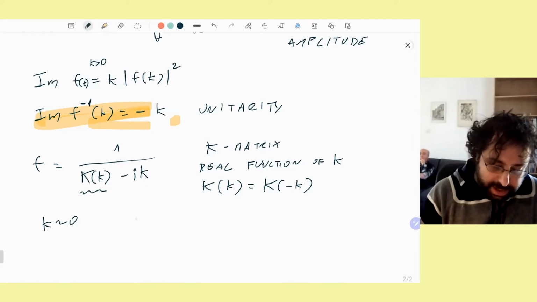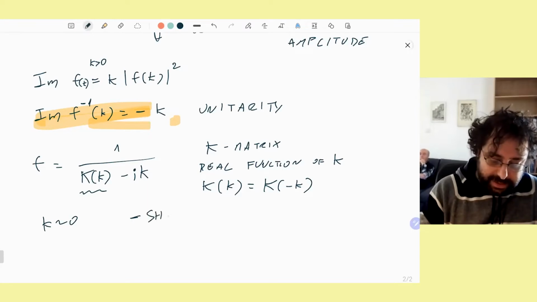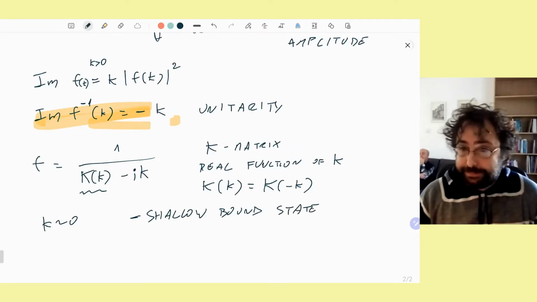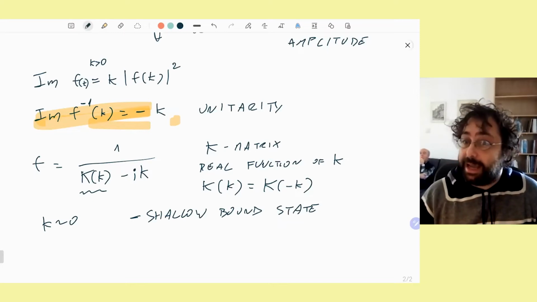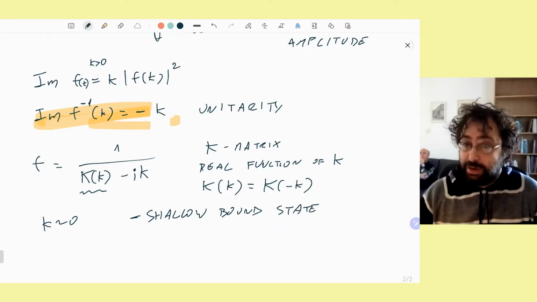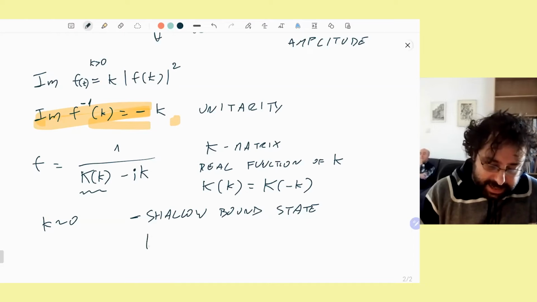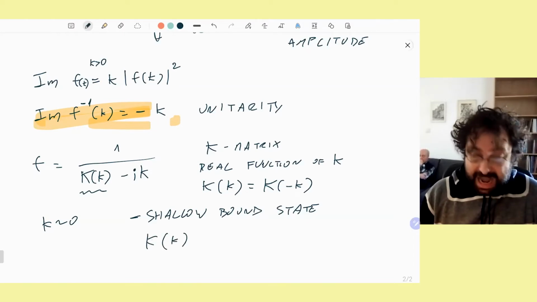In particular, if I assume I have a shallow bound state, that means a bound state with very small binding energy, so it appears very close to threshold, then I can approximate this unknown function.